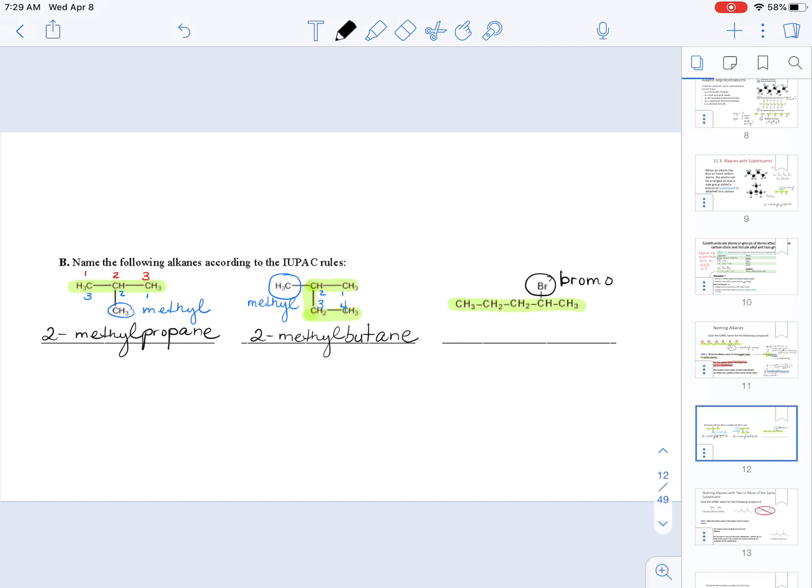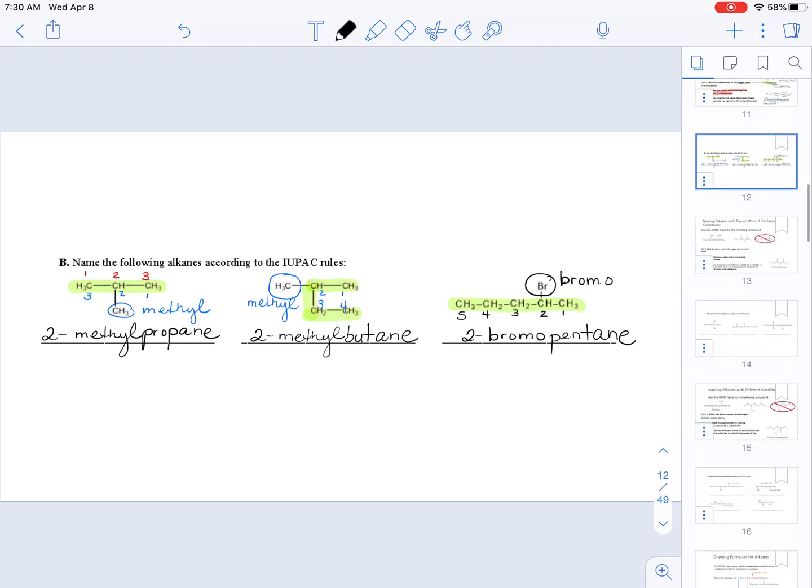So when I number this from right to left, I go 1, 2, 3, 4, 5. So at position 2, I have a bromo group. Because I have 5 carbons in a row, this is going to be pent, and then this is an alkane, so it's going to end up being pentane.